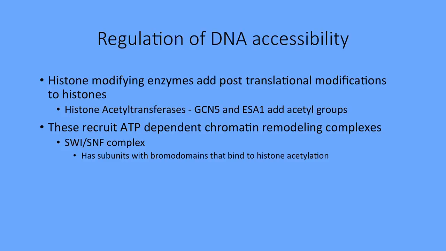And it's known that there are histone modifications that do this process, and for us we're looking at histone acetyltransferases. And the two I'm going to talk about are GCN5 and ESA1, and both those add acetyl groups. And they're also involved in promoting the recruitment of ATP-dependent chromatin remodeling complexes, like the SWI-SNF complexes that we just heard about.